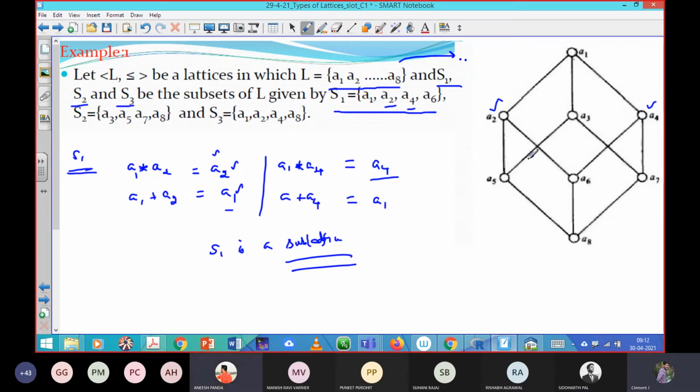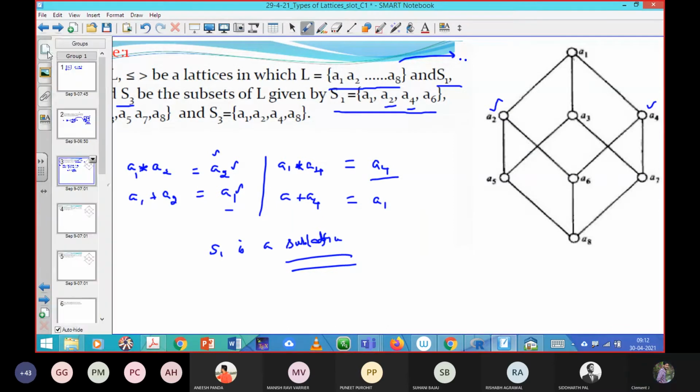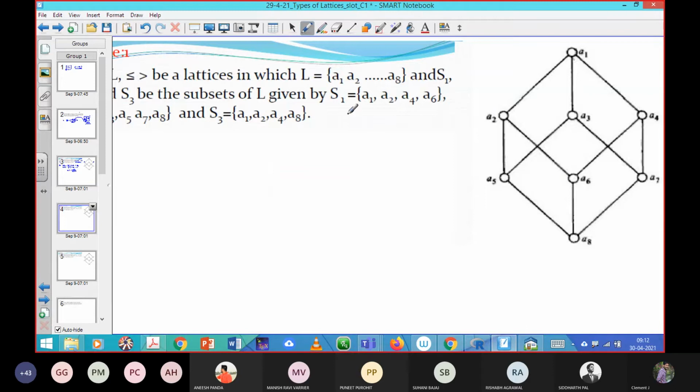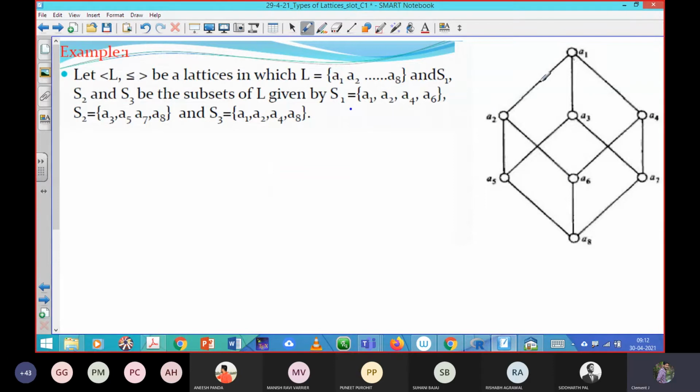Yes, sir. Okay, now we can check the second subset, that is S2. Already I have told you that S1 and S2 are sublattices. S3 is not a sublattice.